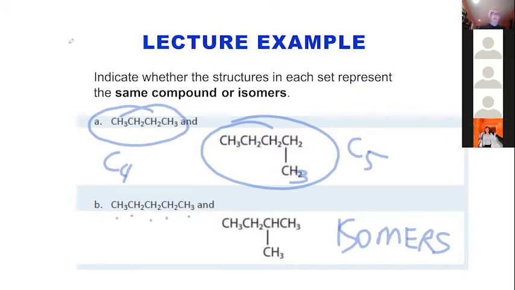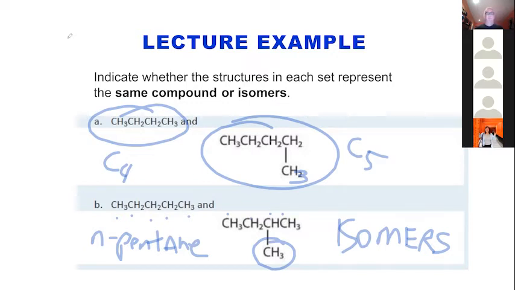So we would say that is n-pentane because they're all in a line. And this one has 1, 2, 3, 4 in a line with a methyl group coming off of number 2. So that is 2-methylbutane. They have the same formula, but a different structure. So those are structural isomers.